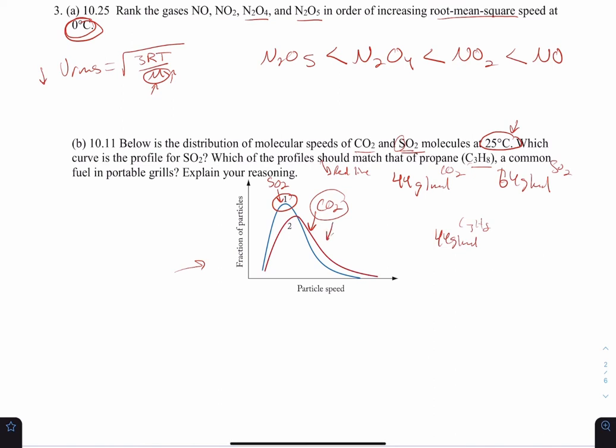They may have a different distribution of speeds, but they will have the same kinetic energy. So CO2 in this case and SO2 have the same kinetic energy because they're at the same temperature. So just be wary that on the test they may ask you something like, of all these gases, which one has more kinetic energy? Well, if they're at the same temperature, then they're going to have the same kinetic energy, all right?